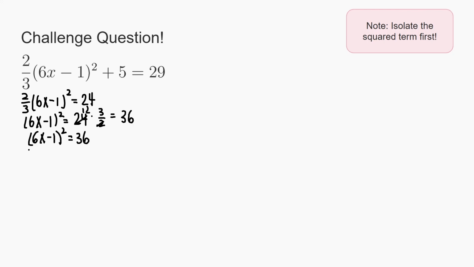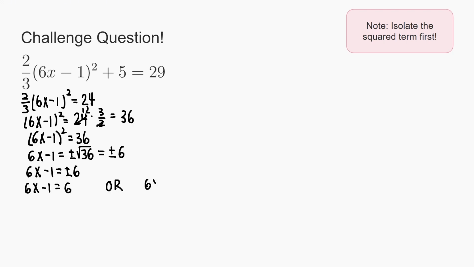Now, let's use the square root property to get 6x minus 1 equals plus or minus the square root of 36. The square root of 36 can be simplified to 6. So now we have 6x minus 1 equals plus or minus 6. So we know our answers are going to be 6x minus 1 equals positive 6, or 6x minus 1 equals negative 6. So now we can solve for our x's.